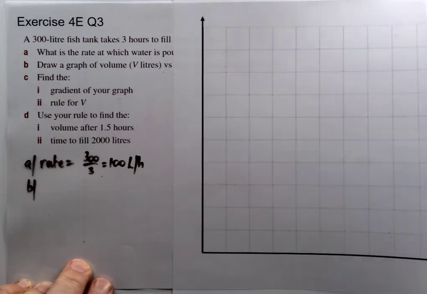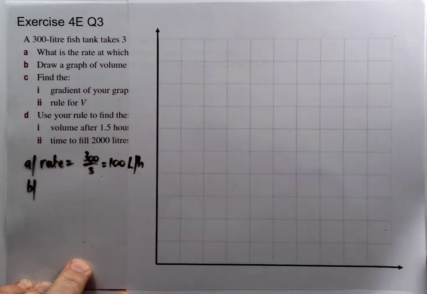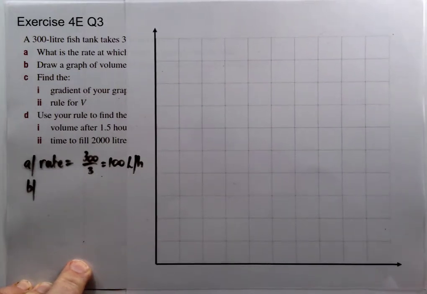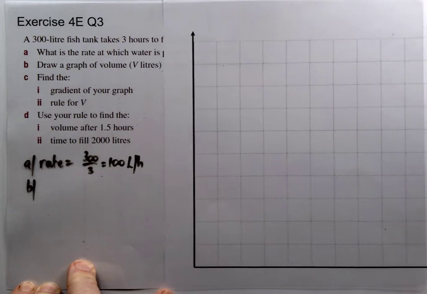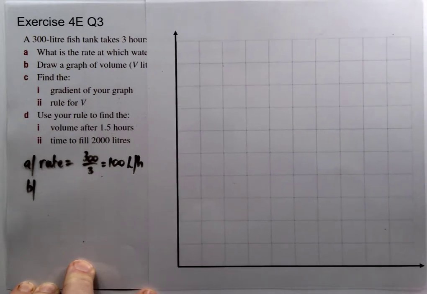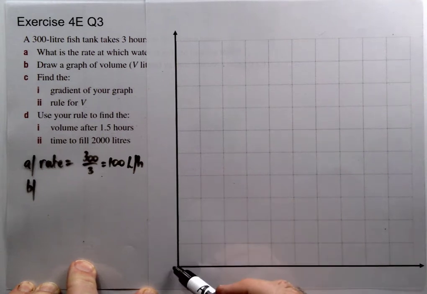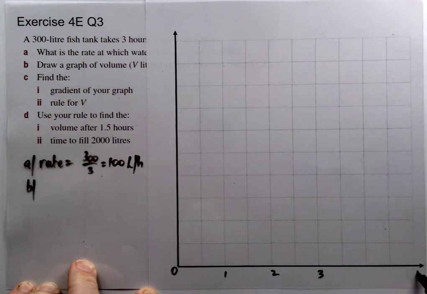Part B, we're going to draw a graph from 0 to 3 hours. I've just realised that's not going to work. Oh yeah, if I put it just there, then we'll still be able to read the next questions. Okay, so we want to go from 0 to 3, so let's do something like that for time.